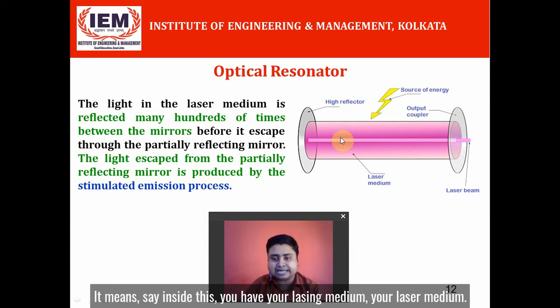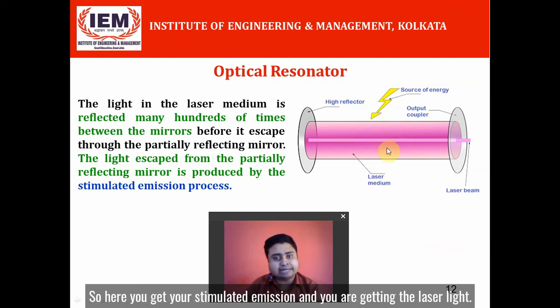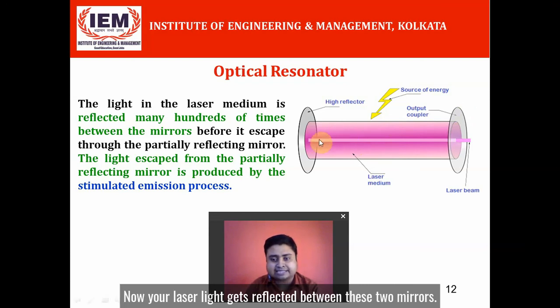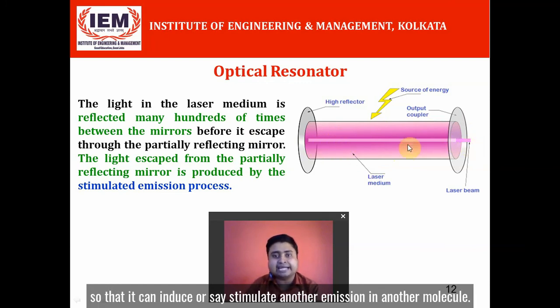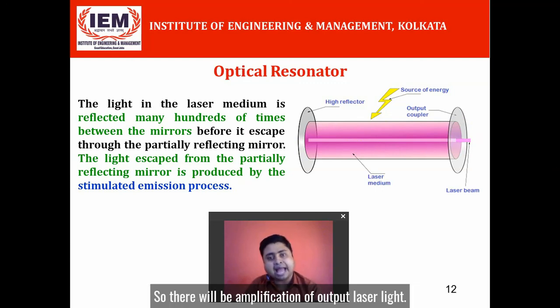It means, say, inside this you have your laser medium. Here you get your stimulated emission and you get the laser light. Now your laser light gets reflected between these two mirrors and it is amplified. It gets reflected a number of times so that it can stimulate another emission in another molecule. So there will be an amplification of the output laser light.